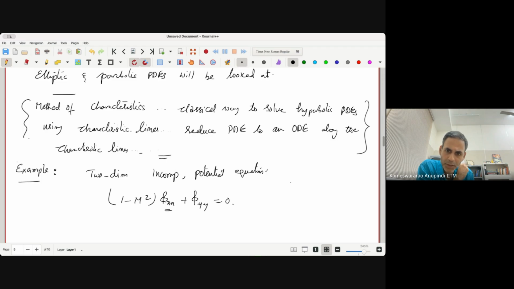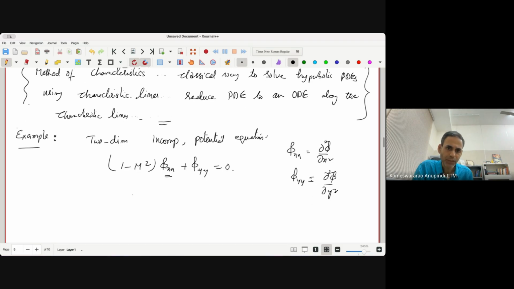So when I use subscripts here, phi xx means that we are writing del squared phi by del x squared. Similarly, phi sub yy is del squared phi by del y squared. Okay, so that's what I mean.